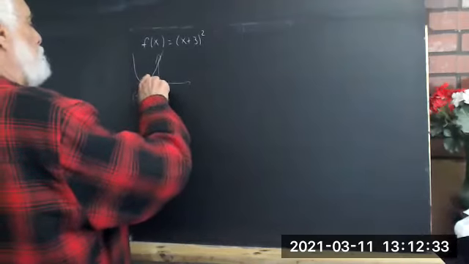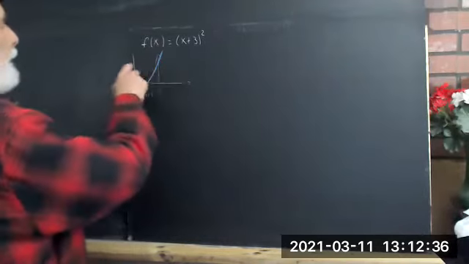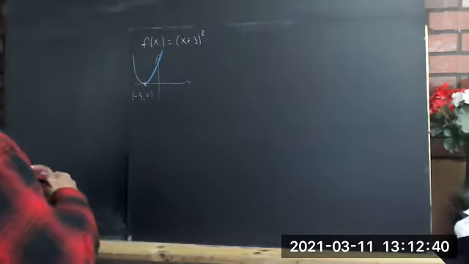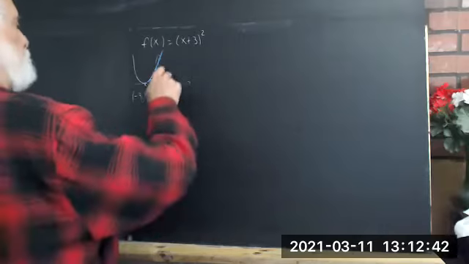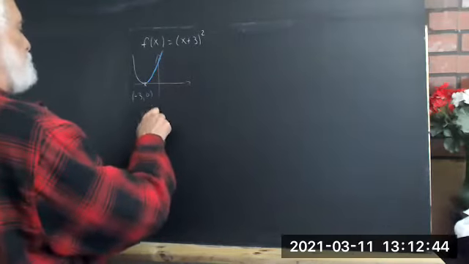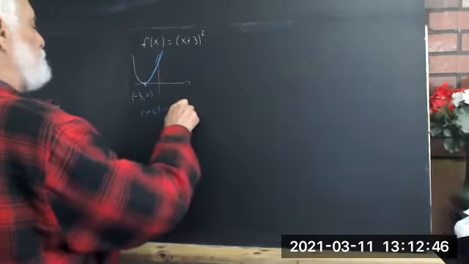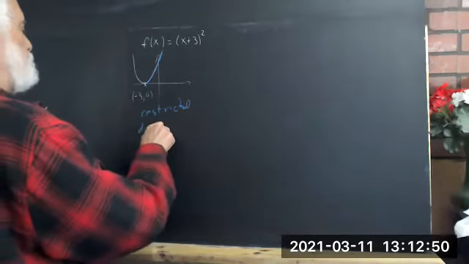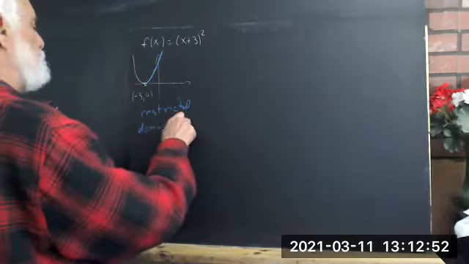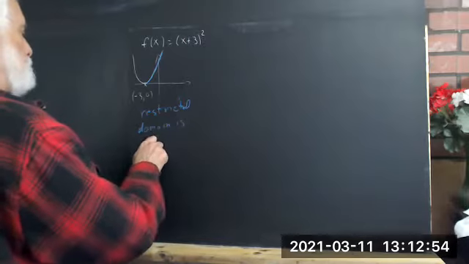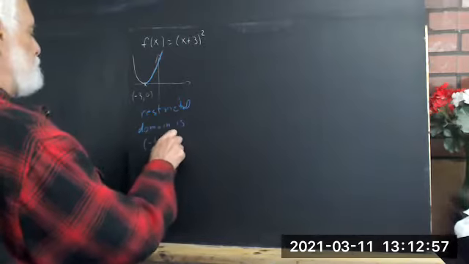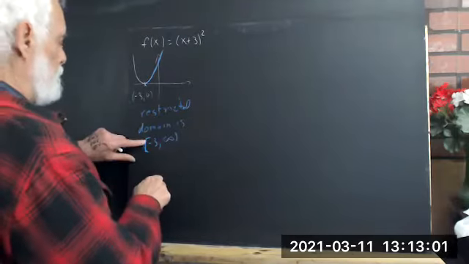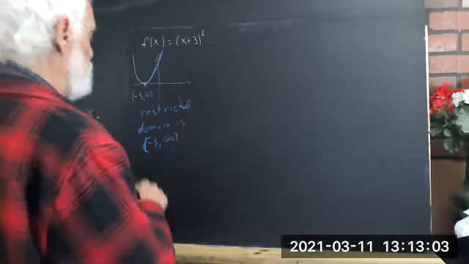And we have to restrict our domain here so that we pass the horizontal line test and it's a one-to-one function. It's -3 to infinity, and it's a closed interval on this end because it includes -3.